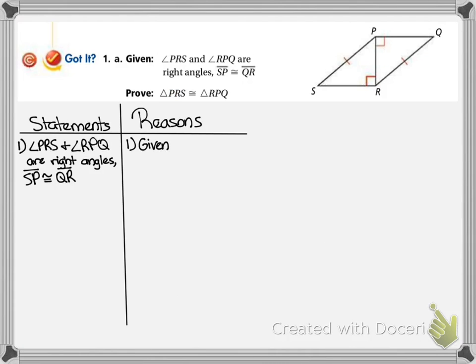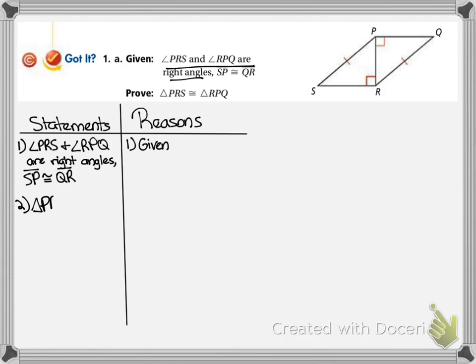Okay, so let's look at an example of this. Angle PRS and angle RPQ are right angles. And we know that SP is congruent to QR. First of all, and this may seem silly to you, but if it tells you that they're right angles, what do we know about those two triangles? Well, we know they're right triangles.